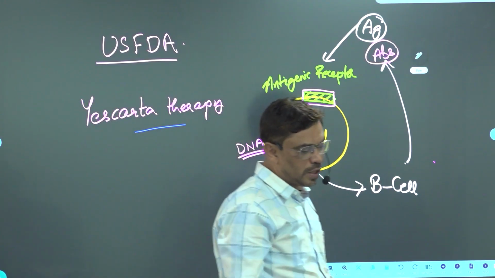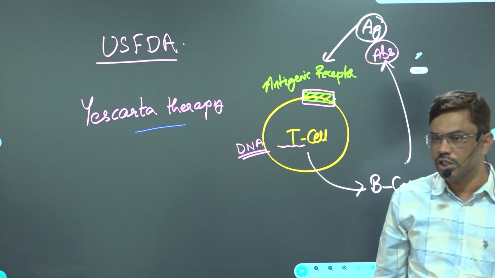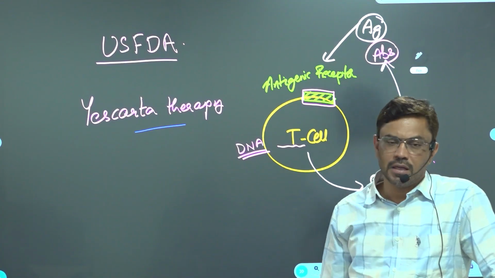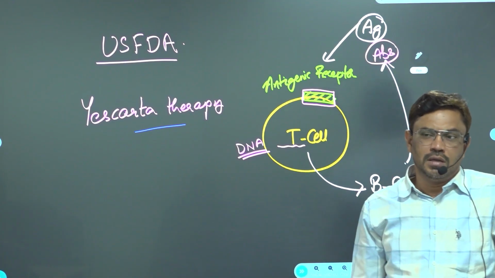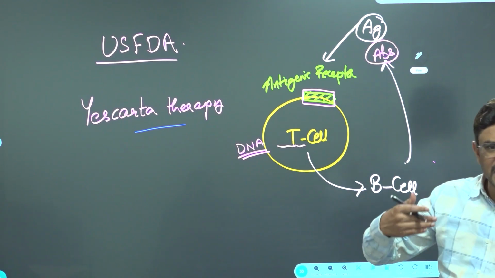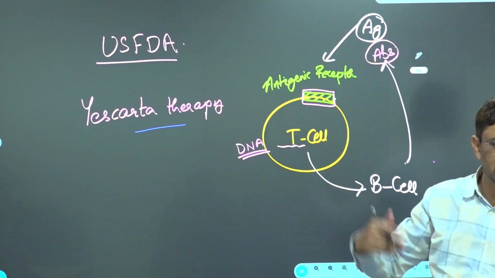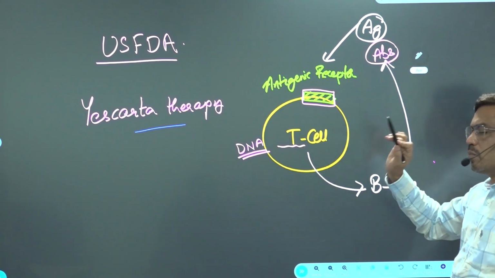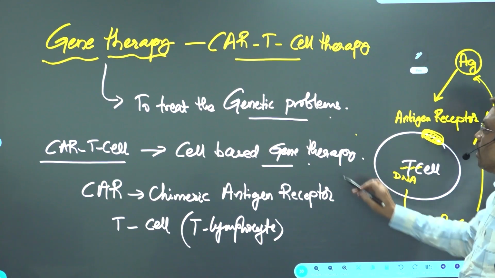The scientists from the US have developed a gene therapy which is used to treat cancers. This CAR T cell therapy acts as a live drug. It releases the antibodies within the body against the cancer. This is also called Yescarta therapy. Simply remember here, CAR T cell therapy.